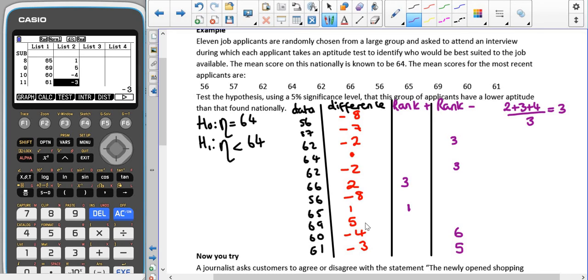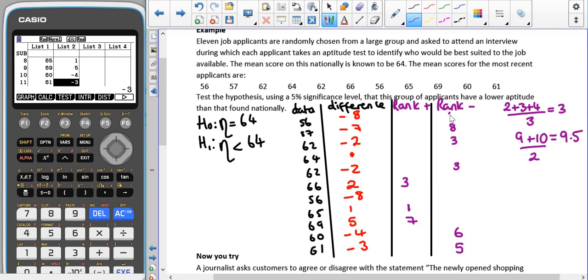Then 5, which is positive, so that gets the rank 7 in the rank plus column. Then minus 7 is going to get the rank 8, again in the negative column. Then I have 2 minus 8s. They're going to get the rank 9 and 10, divided by 2 people, which means that they each get the rank 9.5.